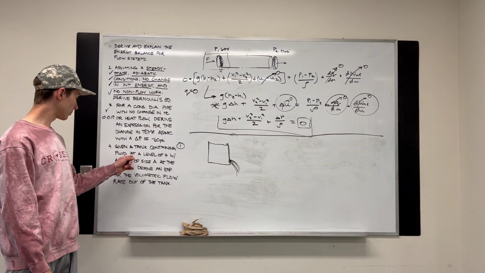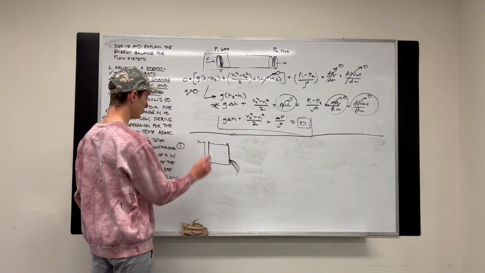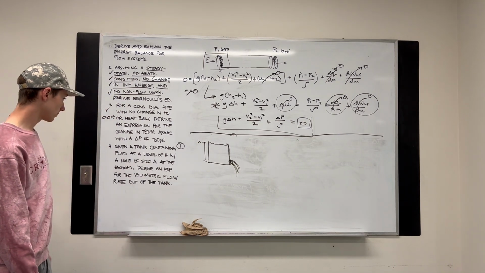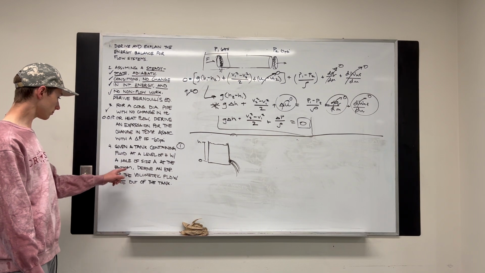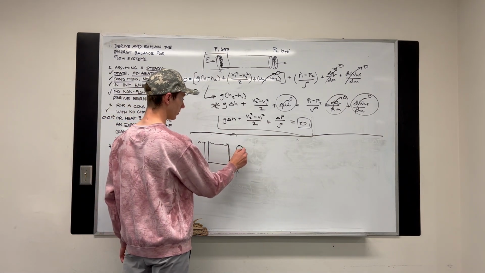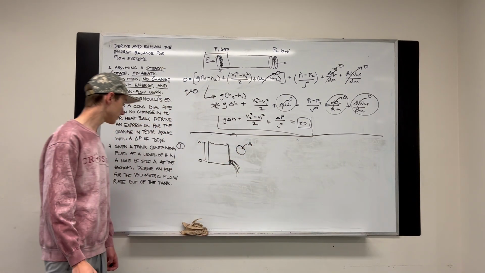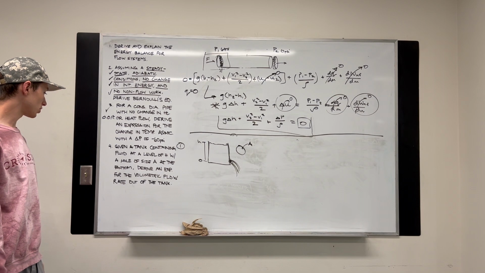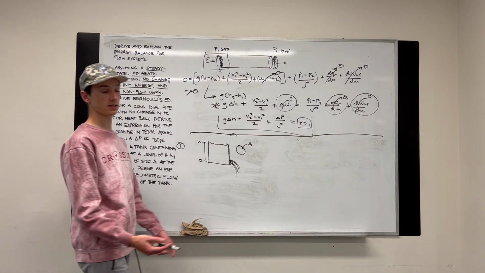Okay, it says given a fluid at a level of H, so I guess we're calling this H here. I guess that makes sense to call this 0, at where the hole is, right? And a hole of size A, so if this is our hole, the area of it is A. Derive an expression for the volumetric flow rate out of the tank. Okay, so what is flow rate?